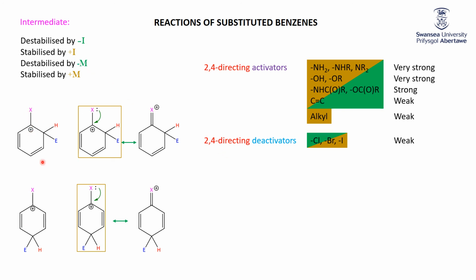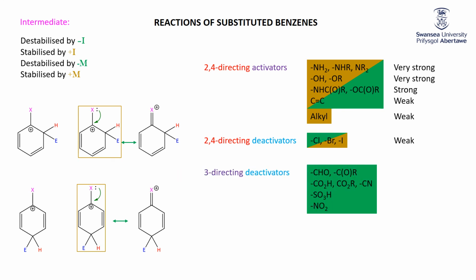Negative inductive means that these are really destabilized. So effectively, when you get 2,4 substitution, you only have 2 resonance structures, because these don't count to 4 at all. So all other deactivators are 3 directing. And here's just the list of them, in a list of relative deactivating, destabilizing effects.